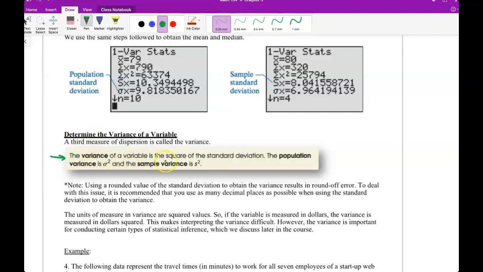Variance of a variable is the square of the standard deviation. So whatever your standard deviation is, squaring that is your variance. The population variance is sigma squared, and the sample variance is S squared. So this is population variance, and this one is sample variance.